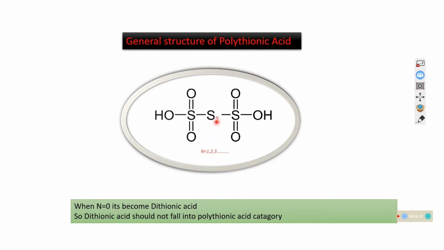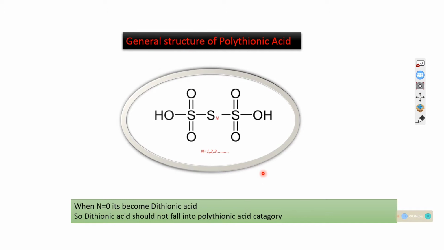When n is 1, this acid is called trithionic acid. When n is 2, it is tetrathionic acid. There is some similarity in the name between polythionic acids and dithionic acid. Polythionic acids means trithionic acid, tetrathionic acid, and so on.